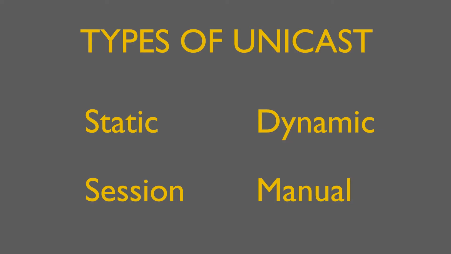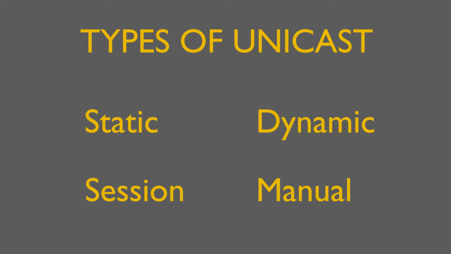In network simulator, we have four types of unicast routing methods possible, and those are static, session, dynamic, and manual. So these four are the only unicast routing protocols available in network simulator.